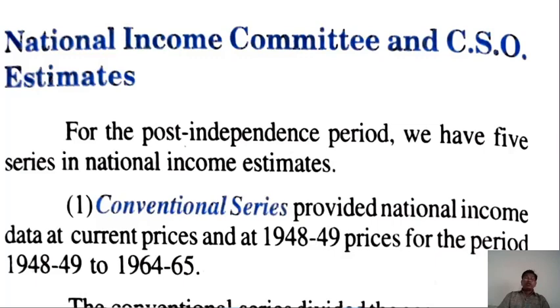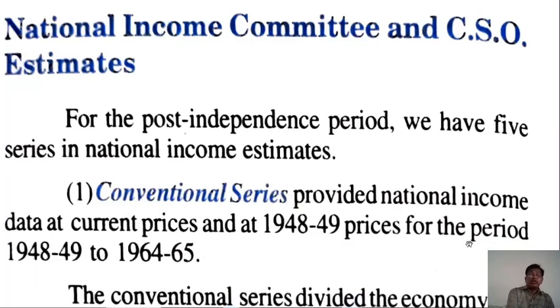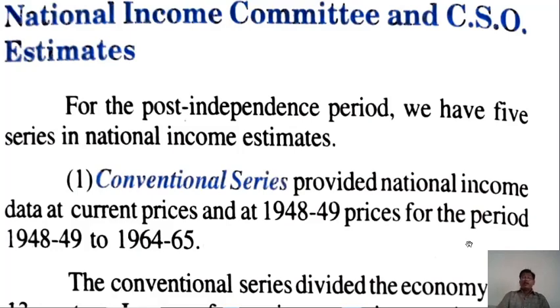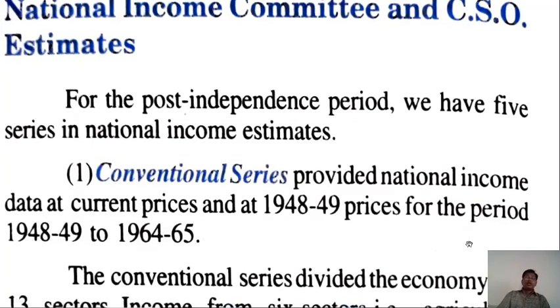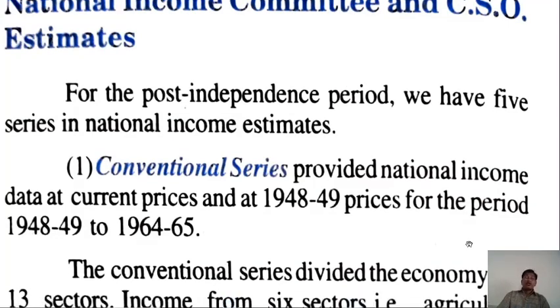The first is the conventional series. This series provided national income data in current prices and at 1948-49 prices for the period 1948-49 to 1964-65.